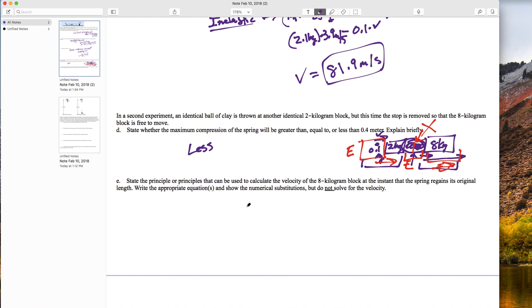So the things that we have to pay attention to, as this is an interesting problem here, we would have to consider conservation of momentum, and we'd also have to consider a conservation of energy.